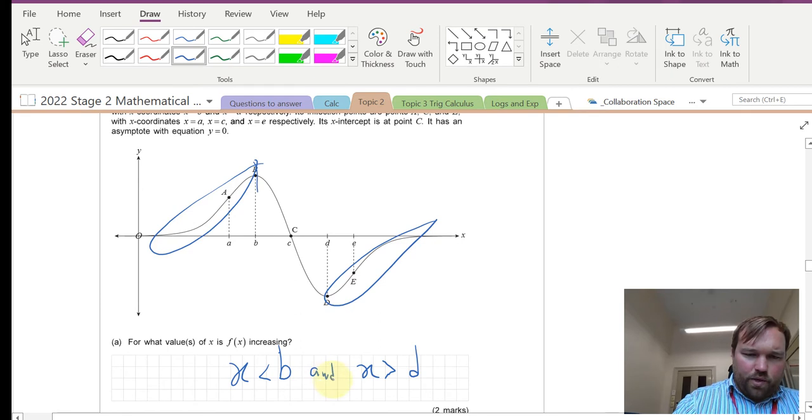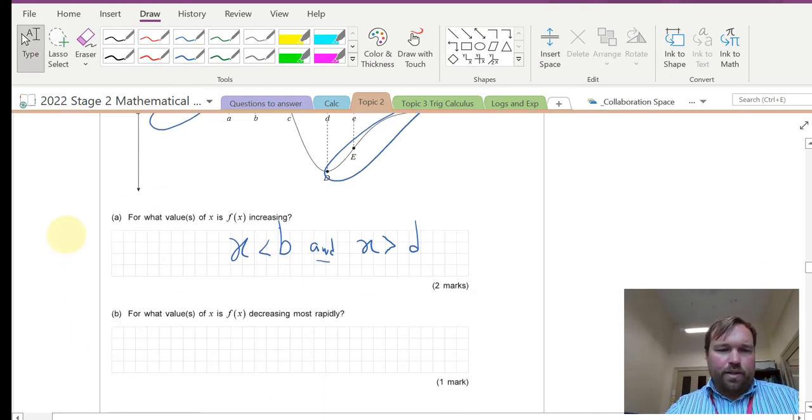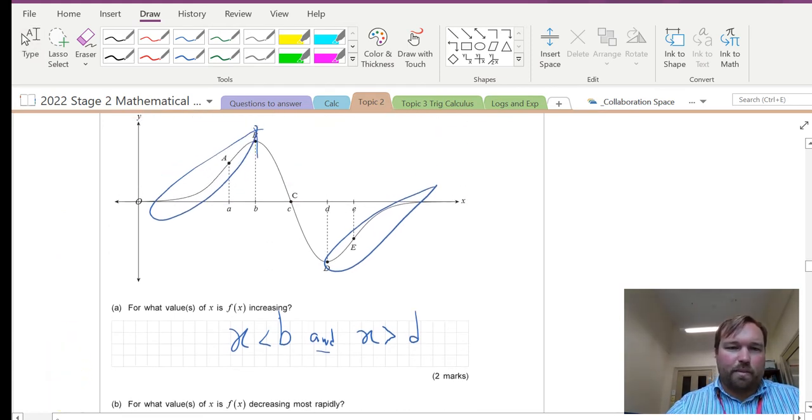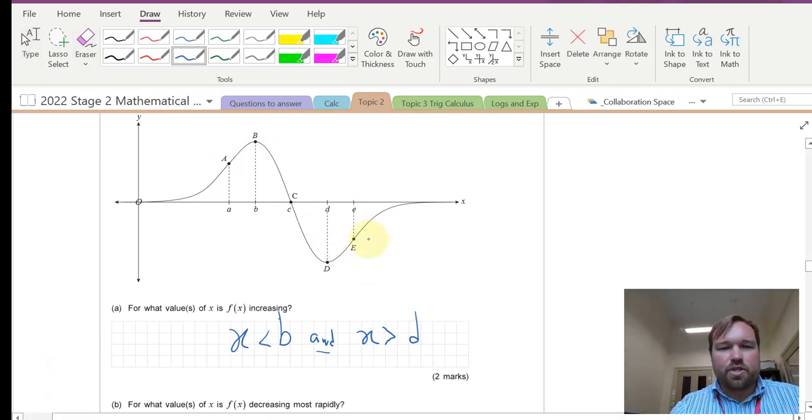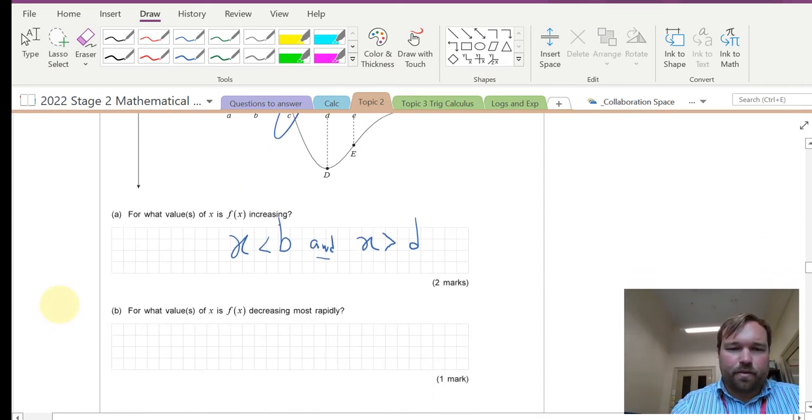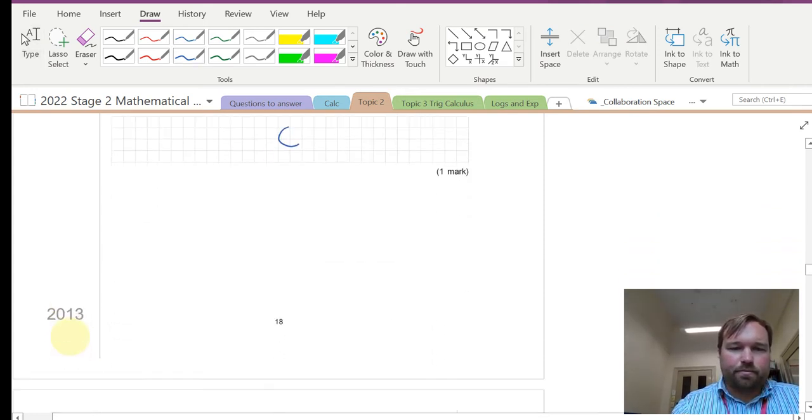And you can write the word and. All right. What value is f of x decreasing most rapidly? All right, so decreasing most rapidly means the steepest negative slope, which occurs there.